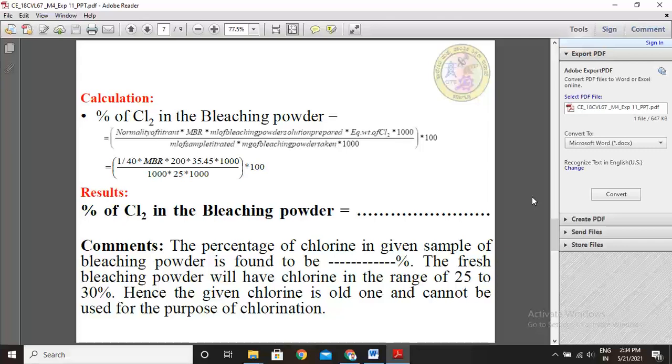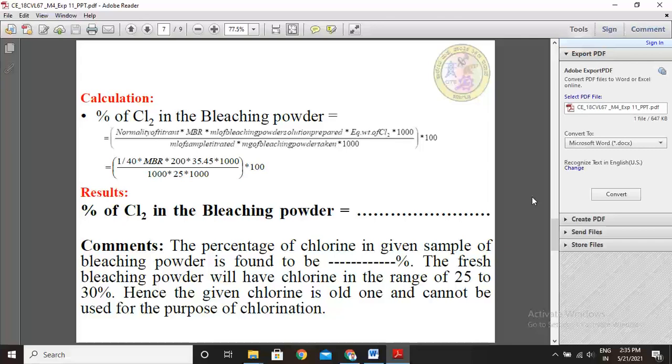Finally we get the percentage of chlorine in the bleaching powder. After calculation, now you write the results. Percentage of chlorine in the bleaching powder is given by this number. Okay. Now based on the results you write the comments. I have written one sample comment. The percentage of chlorine in the given sample of bleaching powder is found to be this percent.